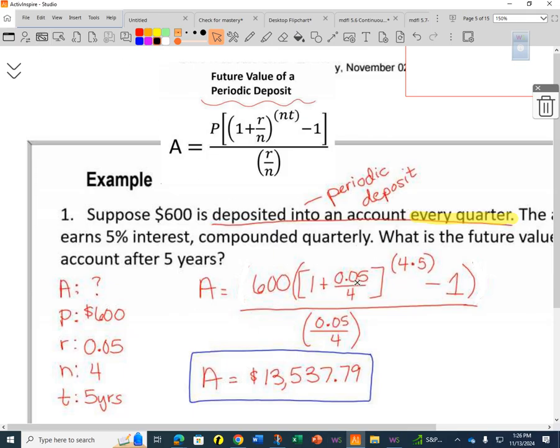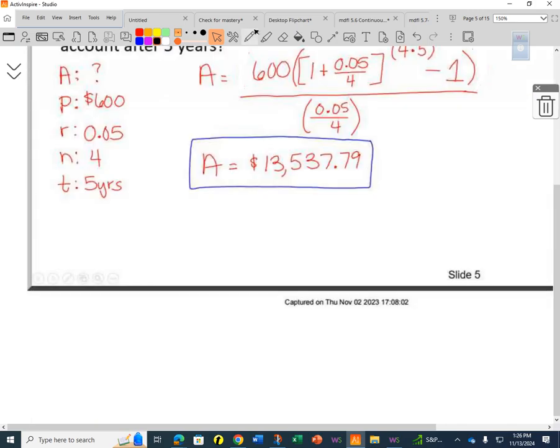Did everybody plug it in correctly on your notes? All right, so once again, if you have a way that you prefer, make sure you get the right answer every time, and I'll tell you this way works. These are the calculator strokes. I'm going to start with 600, left parenthesis, left parenthesis, 1 plus 0.05 divided by 4.